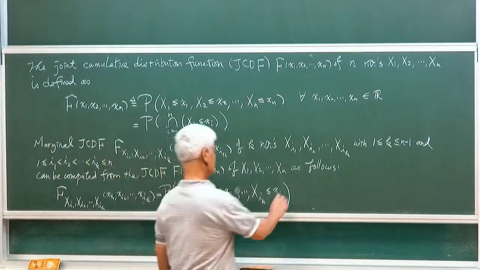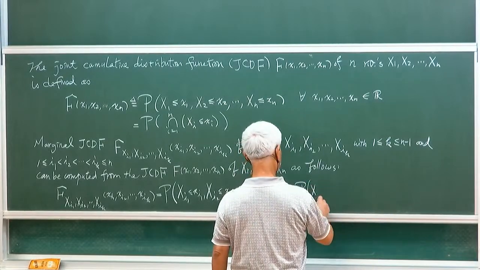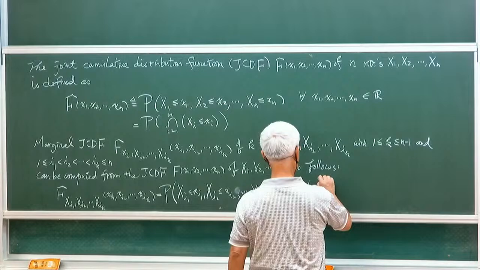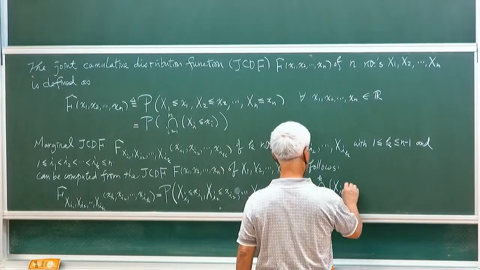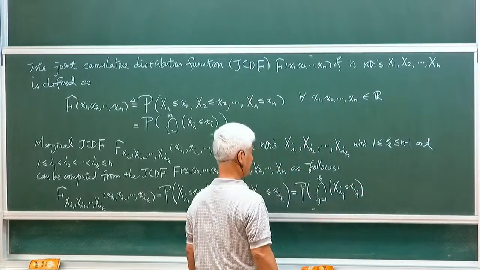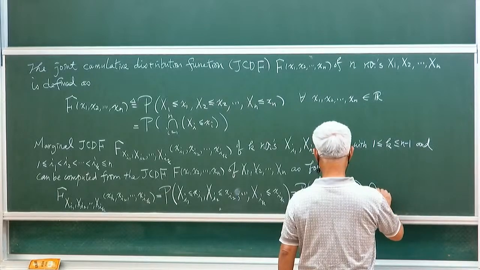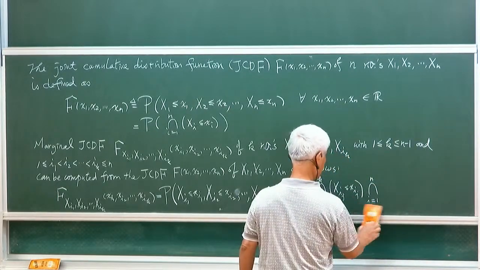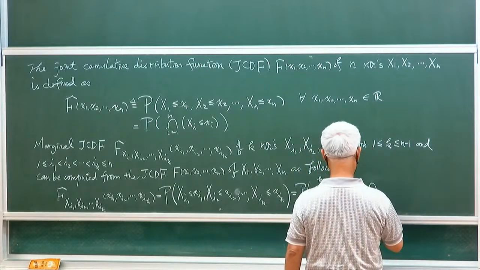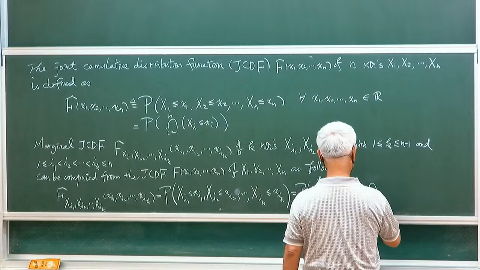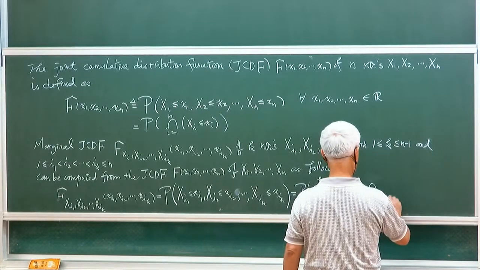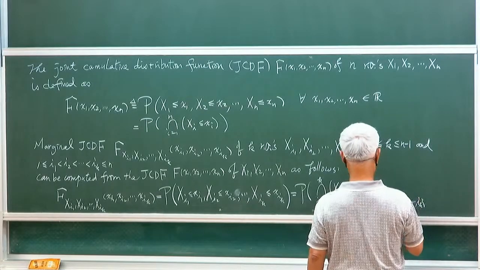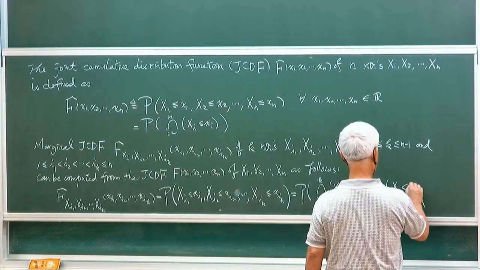Okay, and this is equal to P of the intersection over j from 1 to k of X sub ij less than or equal to little x sub ij, intersect with the intersection over i from 1 to n, but i not in the set {i1, ..., ik}, of X sub i less than infinity.